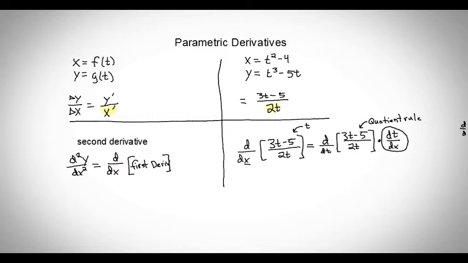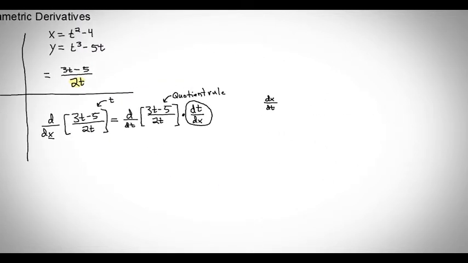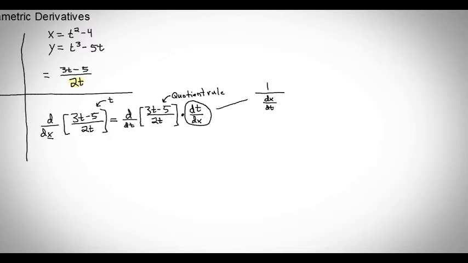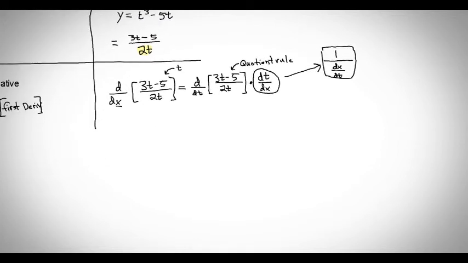Now, sadly, we don't have dx/dt, we have dt/dx. But if we want the reciprocal, we simply take the reciprocal, and now these two are equal. If we want to flip them, we flip both of them. And so this is now going to replace dt/dx, because that is much, much easier to calculate.